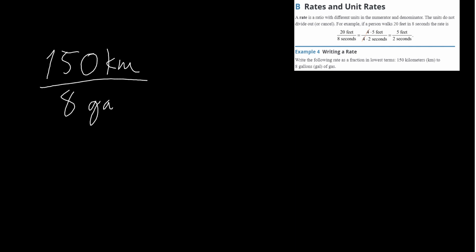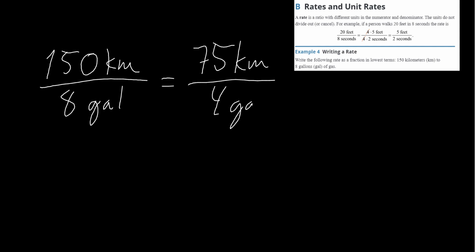So my rate is 150 kilometers to 8 gallons of gas. Right, and then we can reduce this, divided by 2, so 75 over 4, so 75 kilometers over 4 gallons.